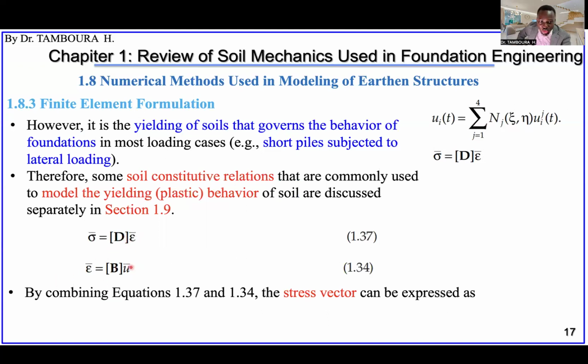By combining these two equations, you just replace the strain here. Instead of putting strain in this equation, we just replace it by this value. So we will have to deal with these two matrices, D and B. Then we have the relationship directly between displacement and stress.